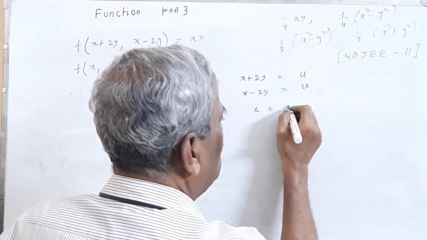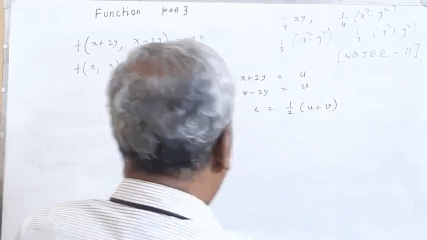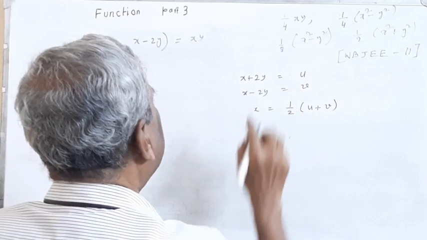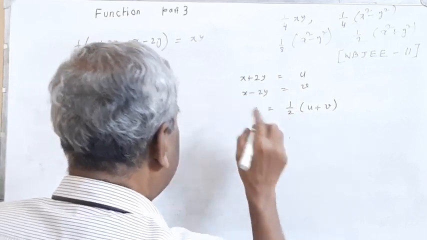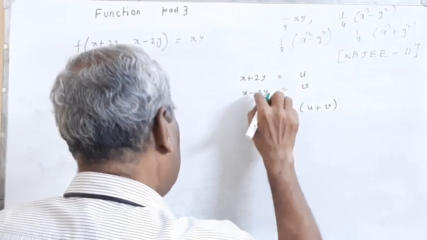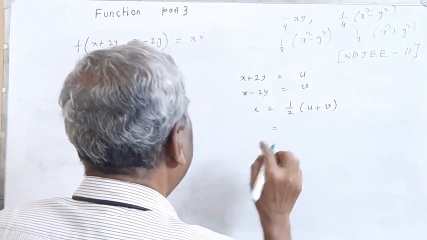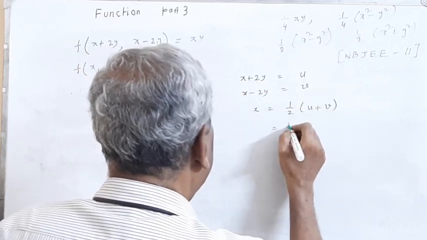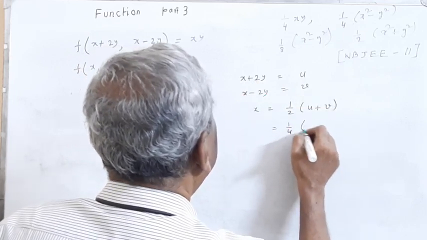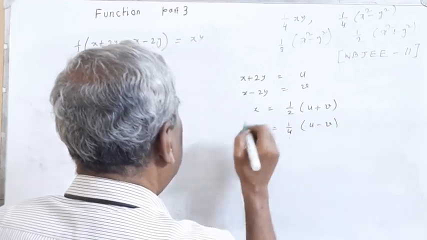So x is equal to half of u plus v. And subtracting, this minus that, x cancels, 4y is equal to u minus v. That is, y is equal to (u minus v) by 4.